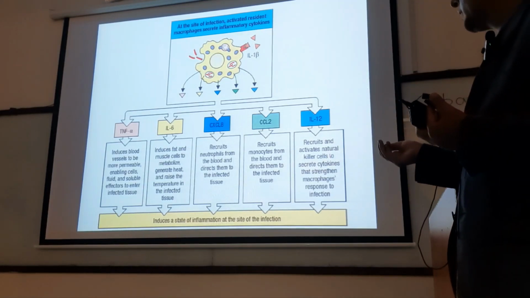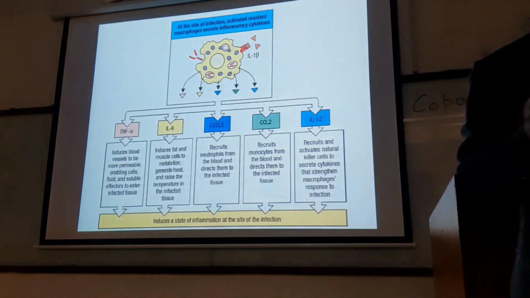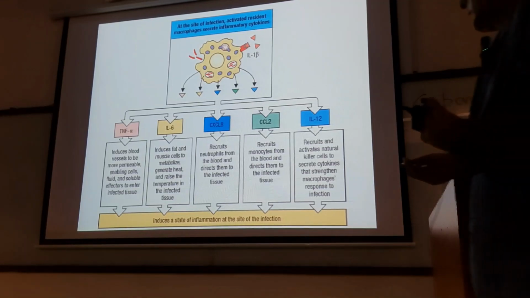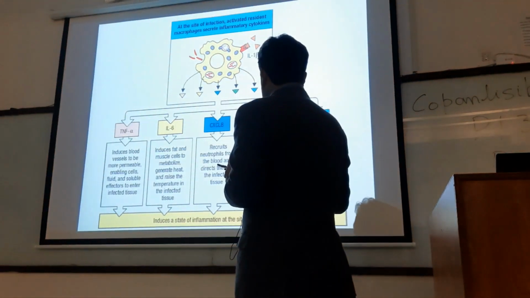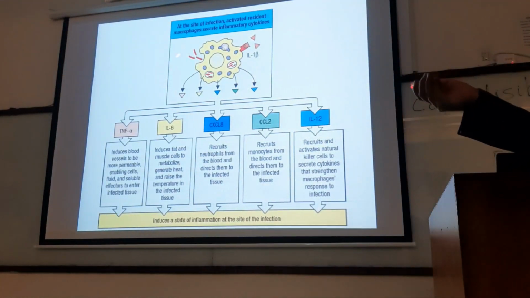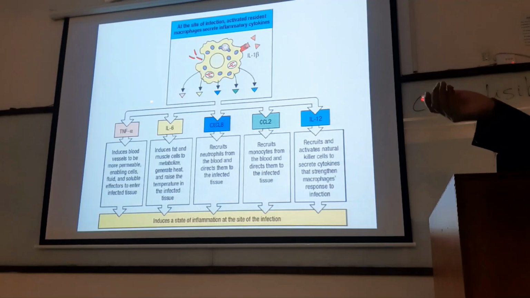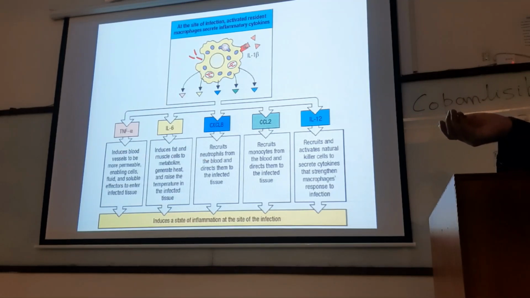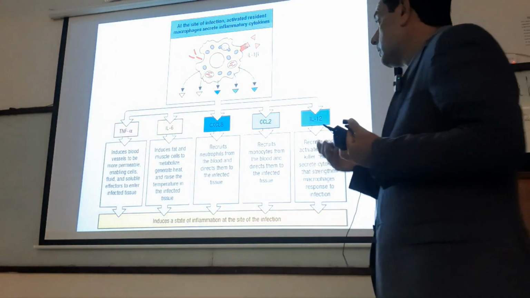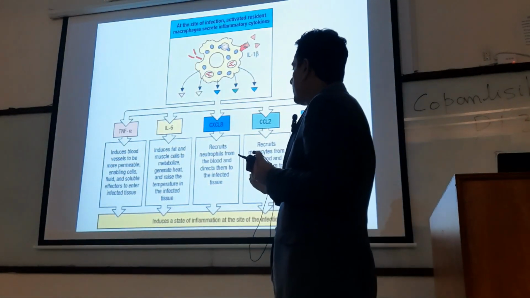And another thing is that also these natural killer cells are going to secrete certain cytokines that are going to help with macrophages and enhance the response of the macrophages to secrete more pro-inflammatory cytokines, just like these ones, okay? To secrete more interleukin-1 beta, to secrete more of the tumor necrosis factor and other chemokines, and just further this process of inflammation.